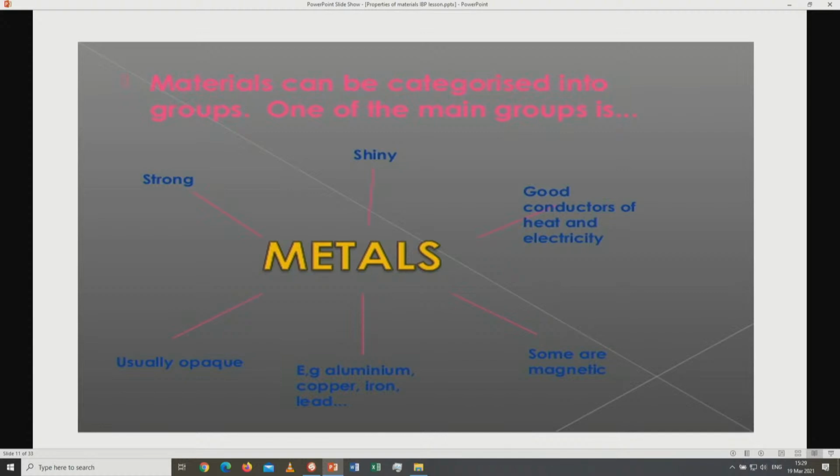Metals can conduct electricity and heat. Some metals are magnetic. For example, if you take a plier, you will see that it is attracted by a magnet.